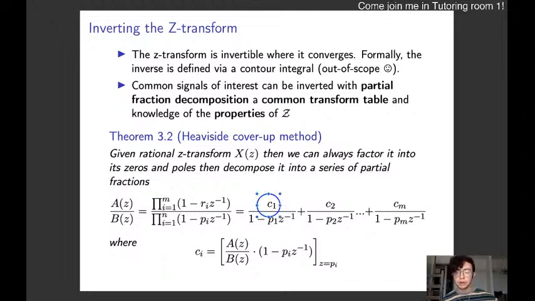When we keep doing that for each pole, we get a series of fractions with linear terms in the denominator. We can do this anytime we can factor a rational polynomial into its zeros and poles.